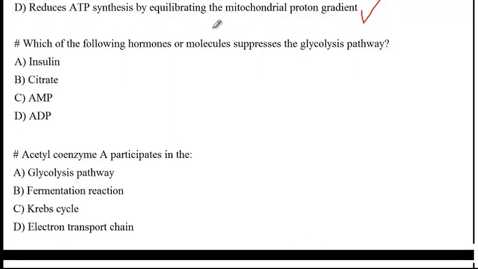Which of the following hormones or molecules suppresses the glycolysis pathway? So again, I didn't want you to memorize all these allosteric effectors. I still don't want you to memorize them. I think you can work it through. Alright, so glycolysis. What is the end product of glycolysis?